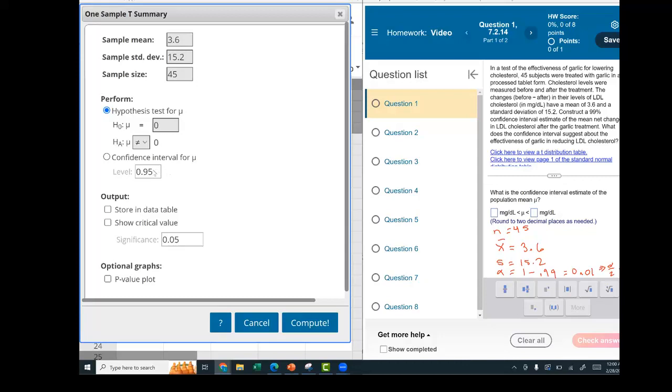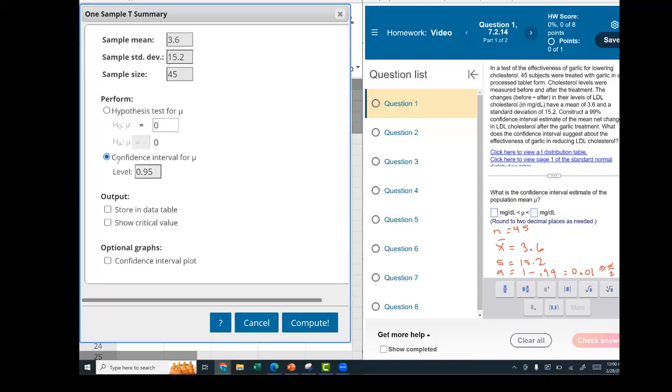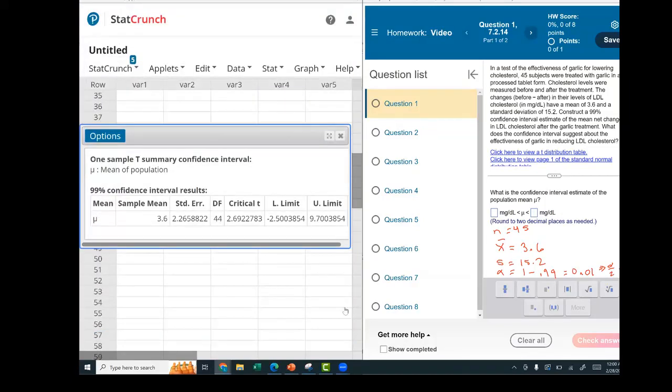So we're going to change this to a 9. Okay. We can show the critical value, sure. And here are our values. Let's put them in and see what we get, to 2 decimal places.